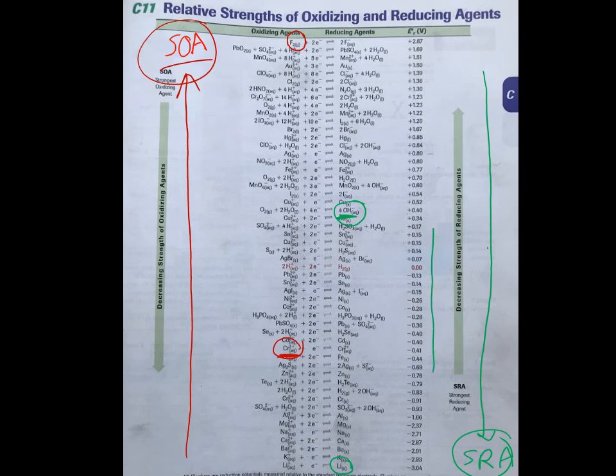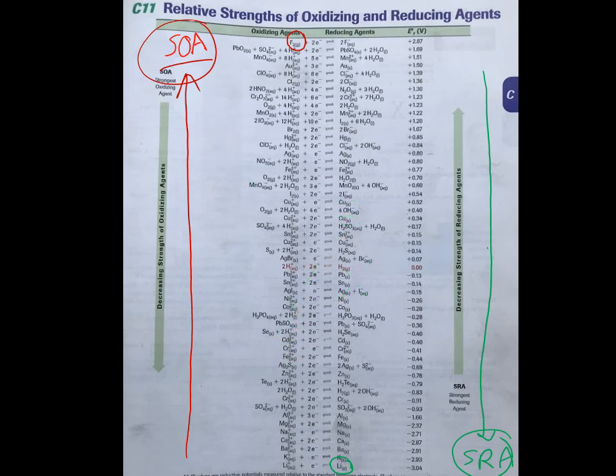Hydroxide is a relatively weak reducing agent, but again, it is all relative. And as we move this way, we're getting weaker oxidizing agents. If the oxidizing agent is below to the left of the reducing agent and the reducing agent is above to the right, that is going to be a non-spontaneous reaction. It will not occur.